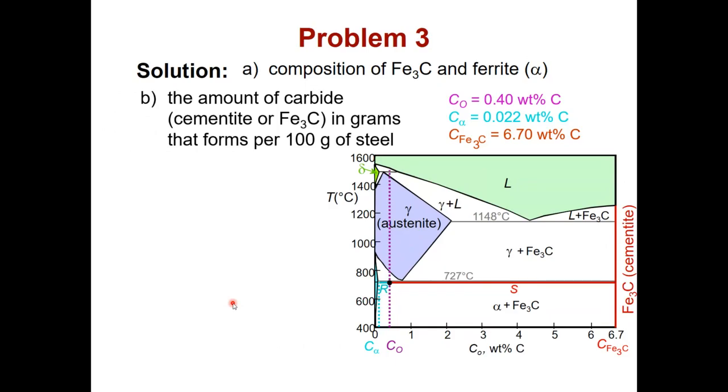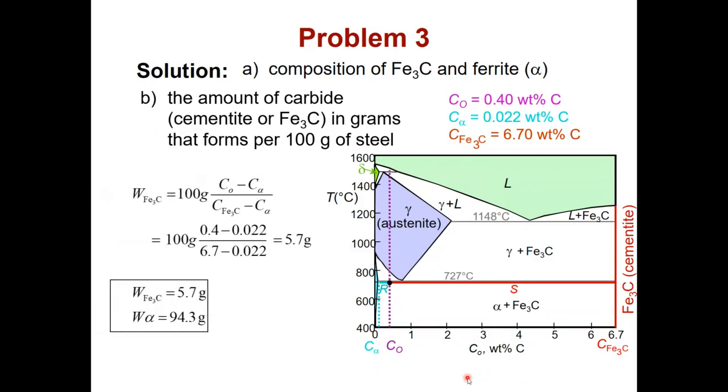Well, for doing this part of the problem, what we need to do is to apply the lever rule and draw the tie line as we did before in the previous problems. And for doing this, we draw this tie line right here, and then we substitute the values and multiply the values by 100 grams of the material that is initially given.